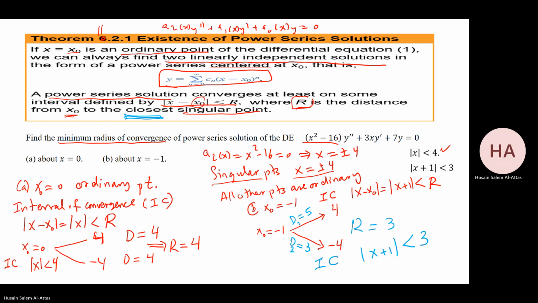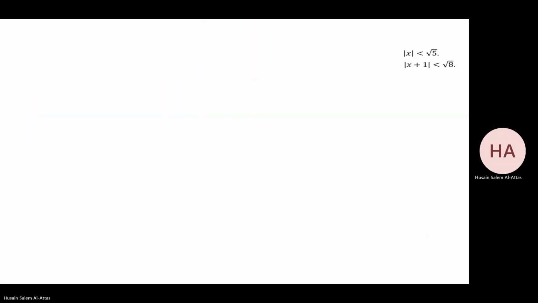Okay. Let me do more examples. Now I have this one. Be careful with this one. What are the singular points? I need to solve this equation, A2 of x, which is x squared minus 2x plus 5 equals 0.